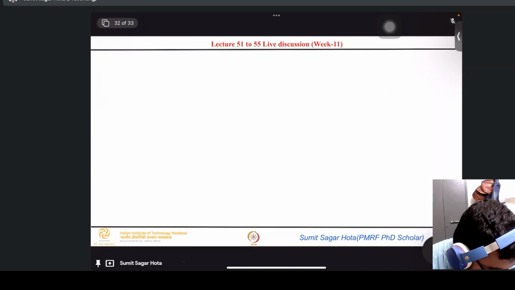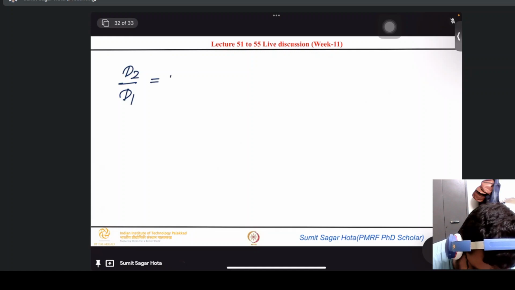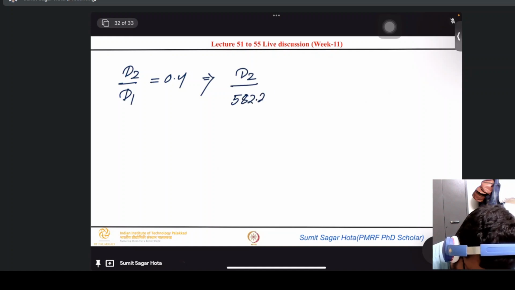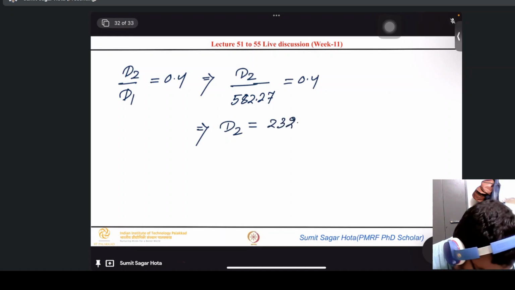If you know d1, what is d2? d2 by d1 is 0.4, and d1 is 582.27 mm, so what is d2? 232.9 mm.